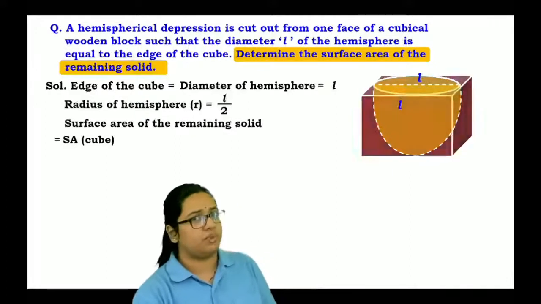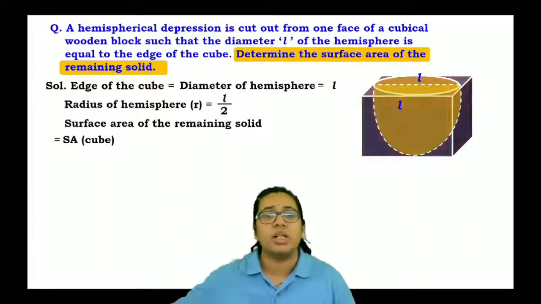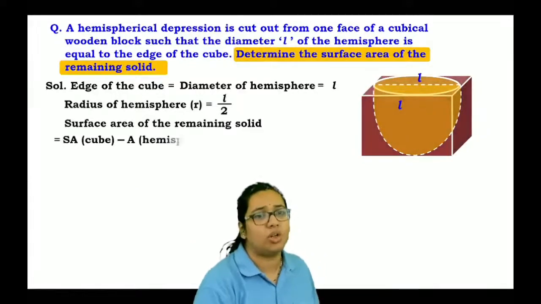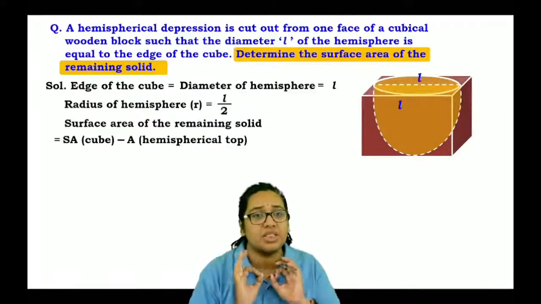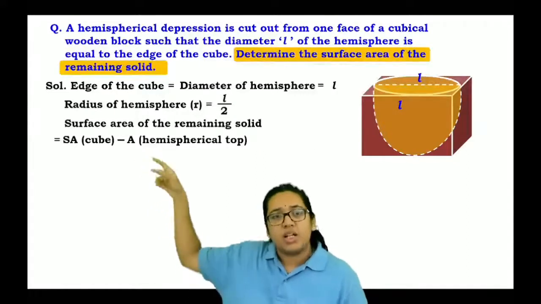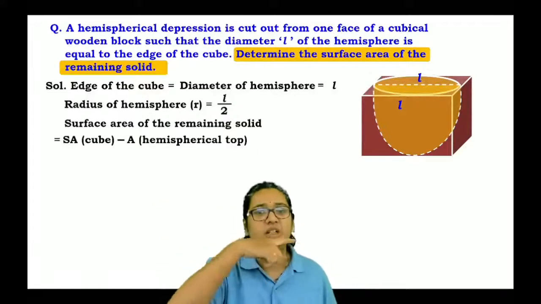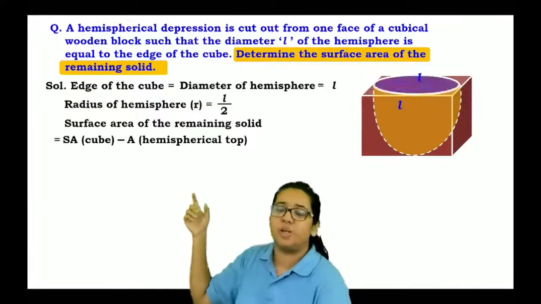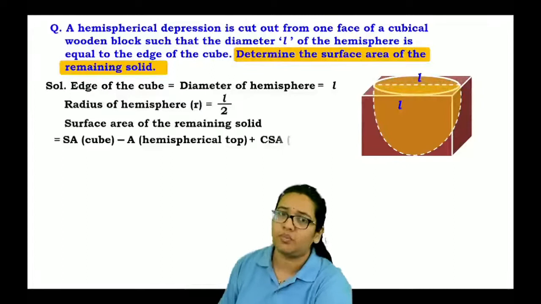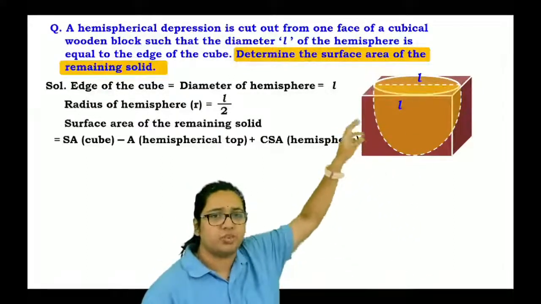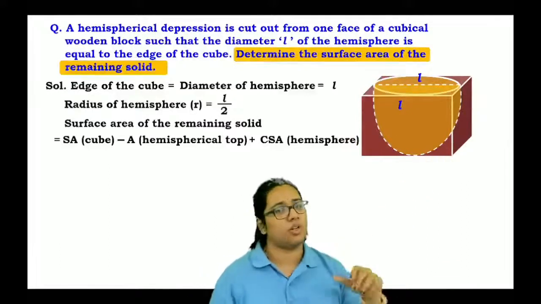The surface area of the remaining solid is nothing but the surface area of the cube, and just consider subtraction of the area of the hemispherical top, plus the curved surface area of the hemisphere.